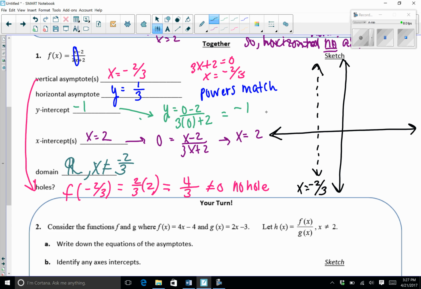Then we have y is 1/3. And again, it's a sketch, so as long as I'm labeling and it's in approximately the right location, we're good. Then if we go through, I want to graph my y-intercept. My y-intercept is at negative 1. And we do have to label that, so it's negative 1, 0. Then I have an x-intercept at 2, 0.